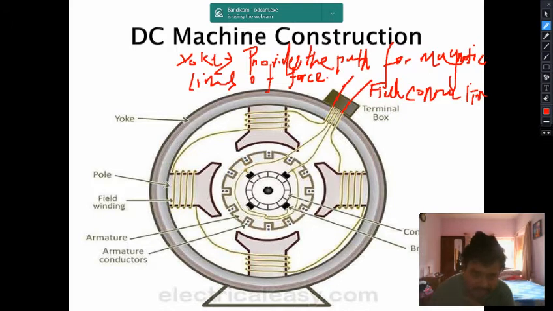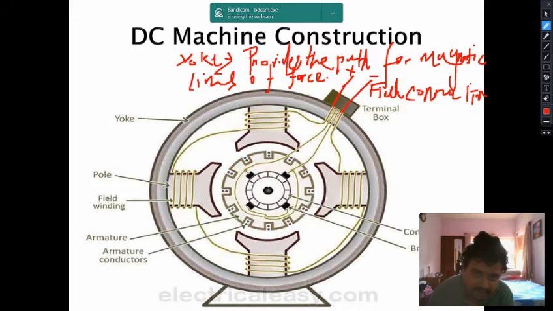That is the static part. So you see the field connection is coming from here. It is going like this. Again, it is connecting all the poles and it is going out. So let us assume that this terminal is positive and this particular terminal is negative.